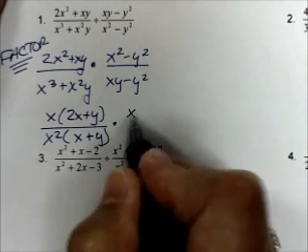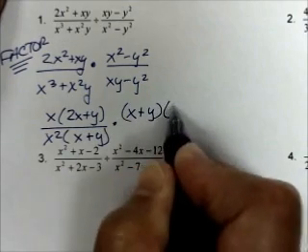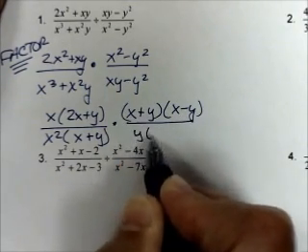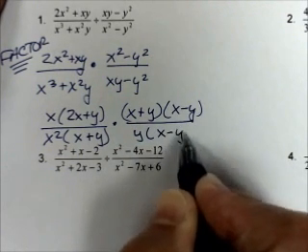Our other numerator is the difference of two perfect squares, x plus y times x minus y. Denominator, GCF of y: y times x minus y.